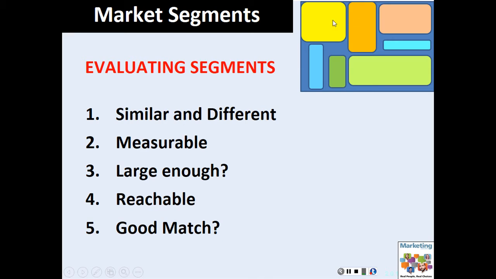But let's take an example where they are not measurable. Let's say I want to divide people by racism, like not race but racism. Some people have a racist attitude and some don't. I can't do that. I have no way of measuring racism because even if I ask them, they won't tell me, not just because they don't want to tell, but because in their mind they are not racist.